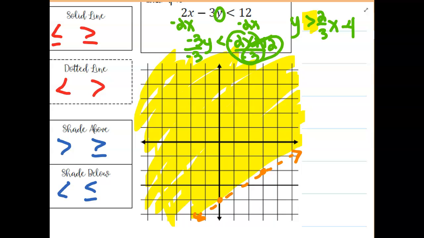To show you that it's true, somebody pick a point in that shaded area. What's any point in that shaded area? What is a solution? What's an x comma y in the shaded area?